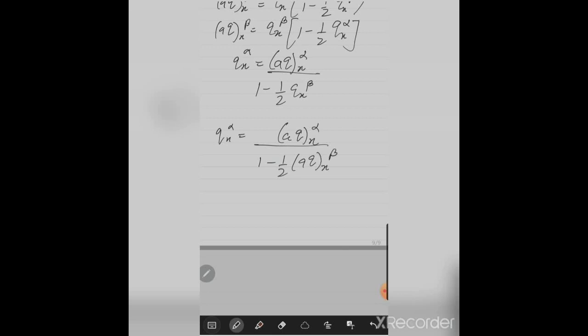But now under this situation of uniform decrement or uniformity in a single decrement, this is directly coming out as aqx alpha divided by 1 minus half qx beta. So now you can see a small difference between the first one and the second one, and this is the difference that we are observing.